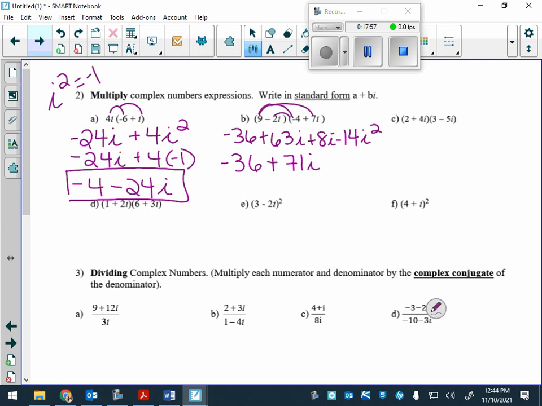And then i squared equals what? Negative 1 times negative 14. And then last but not least, what's our final answer here? Sam? Good. Awesome job, you guys. Negative 22 plus 71i. Yes, because that's standard form. So your real number goes in front.